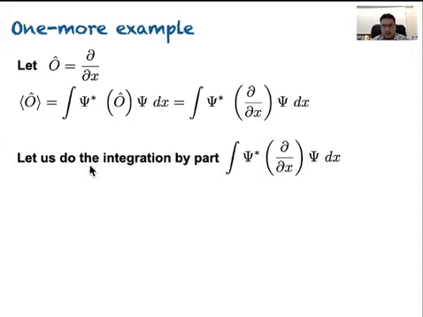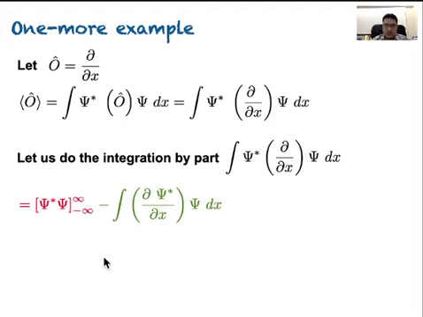Now let's do the integration by parts. When I do it the first time, I get psi star psi evaluated from minus infinity to plus infinity. Now minus, this will be the second part, the integral of d psi star over dx, first differentiation, then integral.